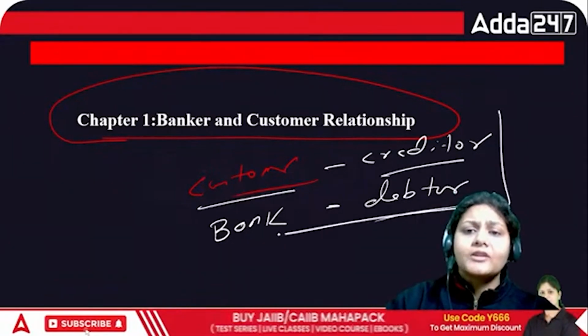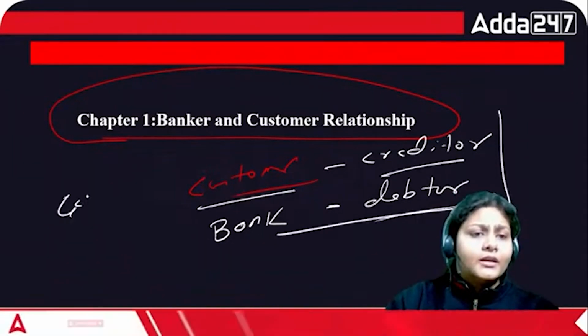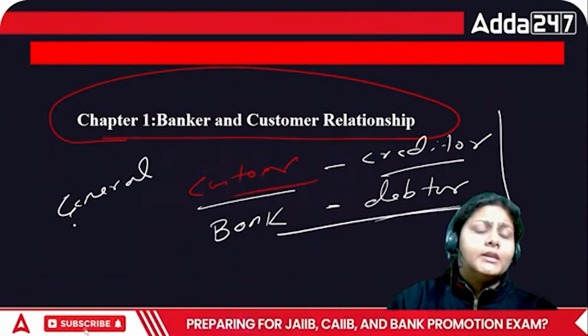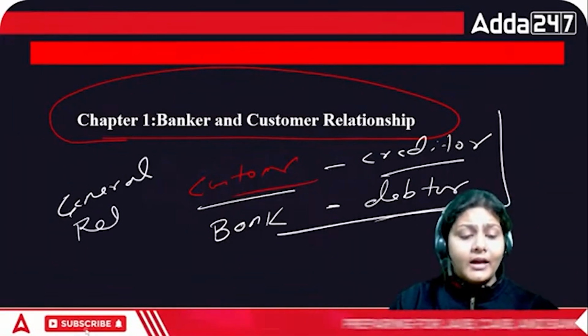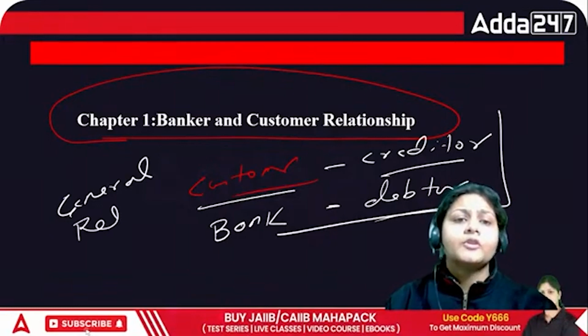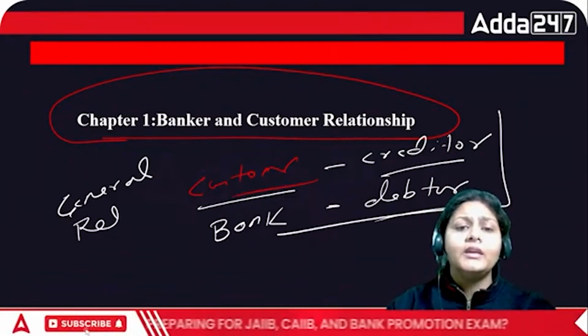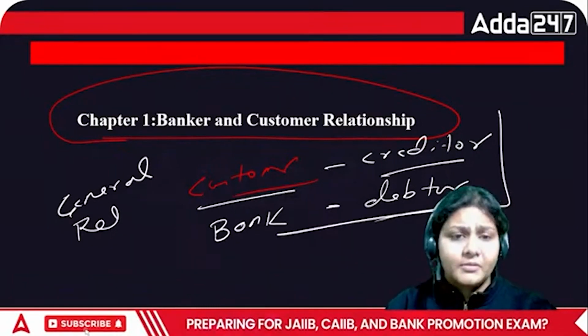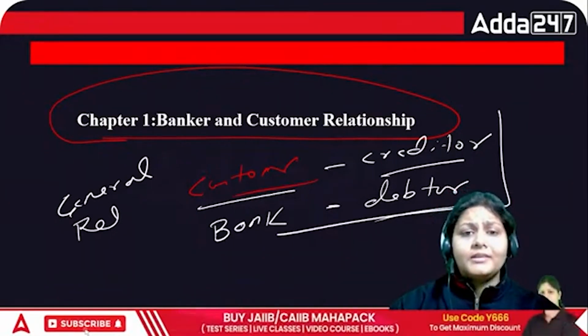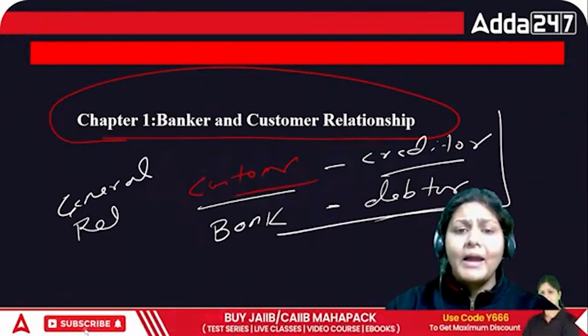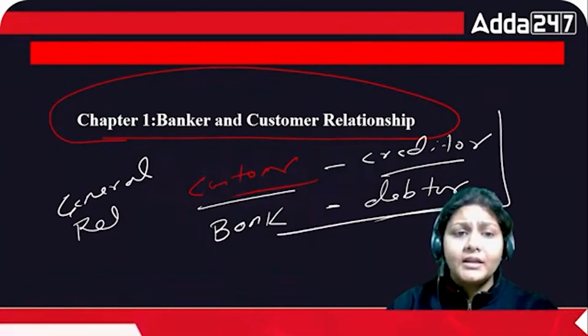So this is the general relationship between banker and customer according to the NI Act and the Contract Act. Now this money is with the bank, so the bank becomes the debtor.